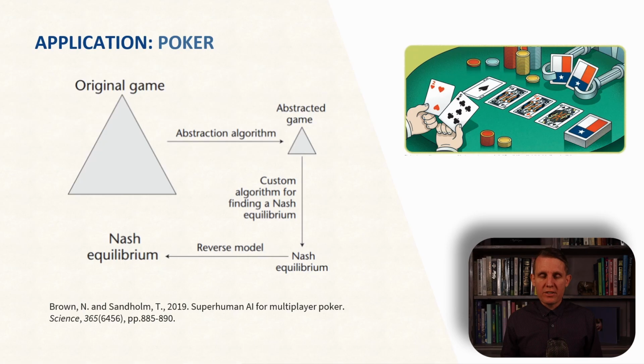This agent was highly successful. It was able to successfully beat some of the world's best poker players. And interestingly, if you go and watch some of the videos, you learn that the algorithmic player was successfully able to bluff or lie about what cards it might have in its hand in order to fool its opponent. There were no explicit instructions given to the agent to learn how to lie.